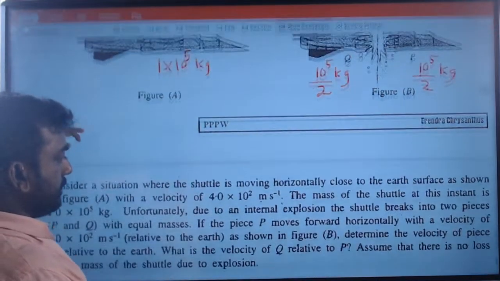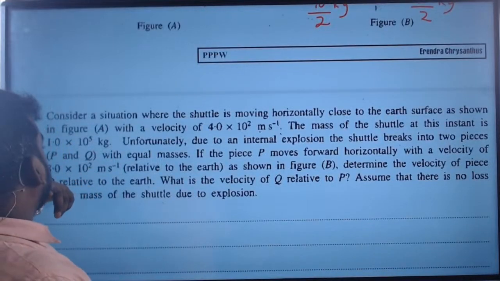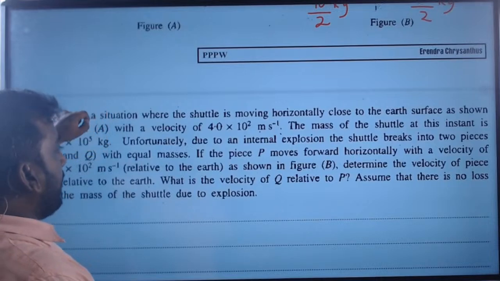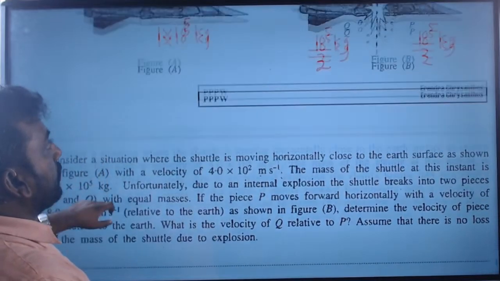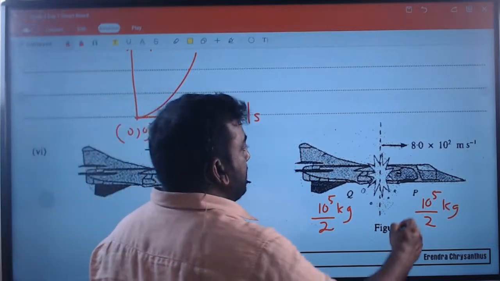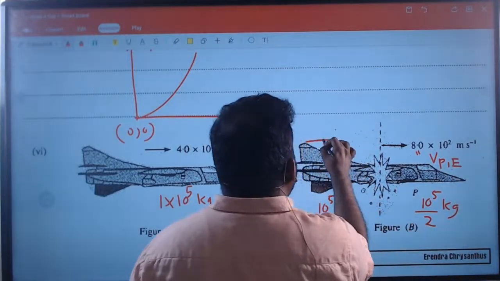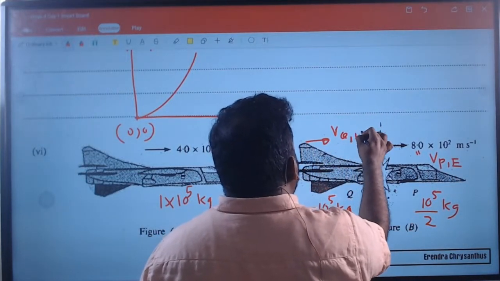If P moves forward with velocity 800 relative to Earth, determine the velocity of Q relative to Earth. So here this is the velocity of P with respect to Earth. Let's find the velocity of Q with respect to Earth.